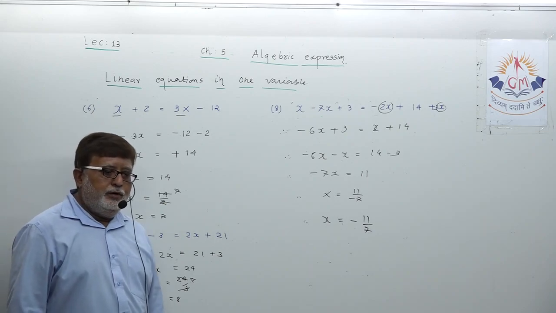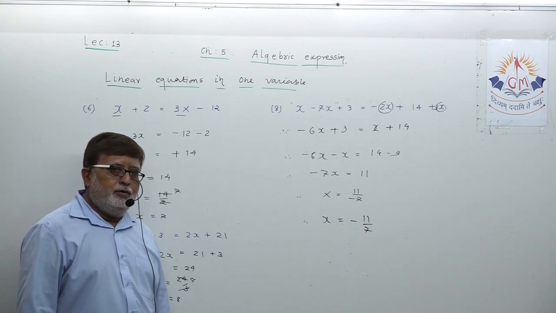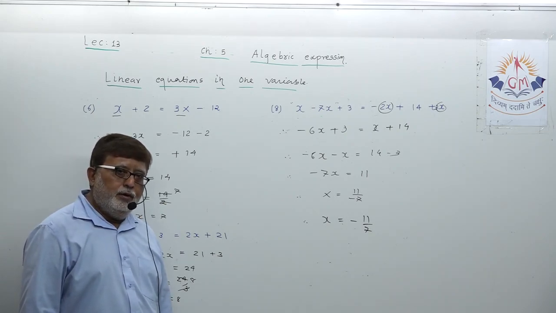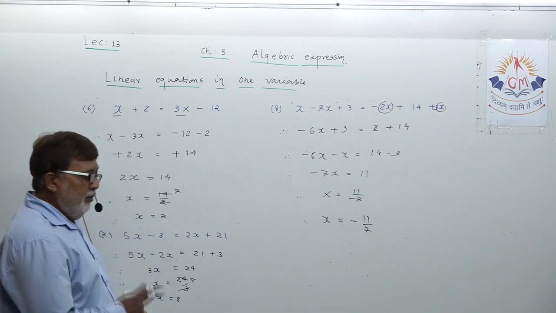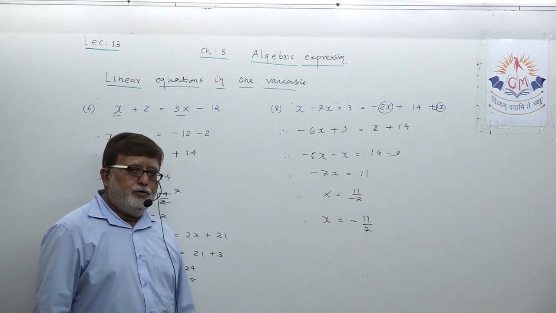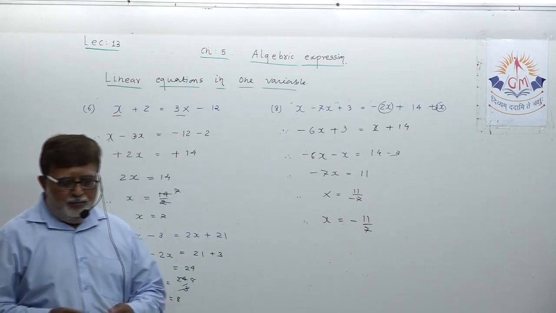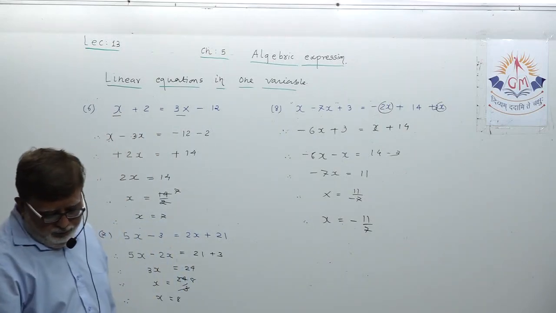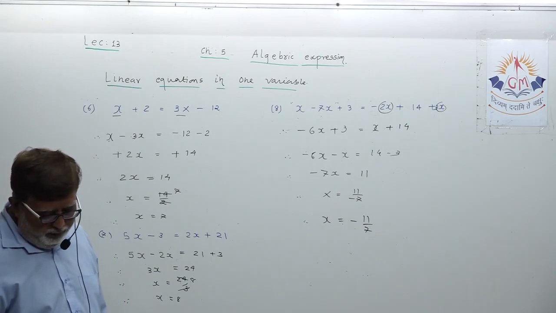Understand? Either you get negative sign in numerator or denominator, but the final answer in this way has to be expressed. Remember one thing and watch this sum properly, dear student.